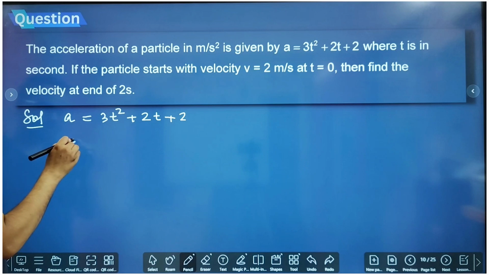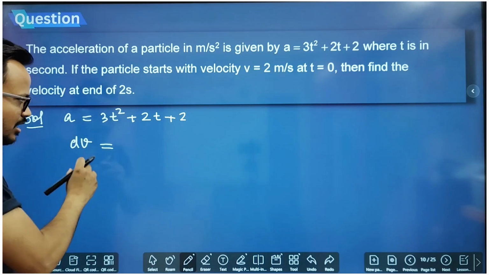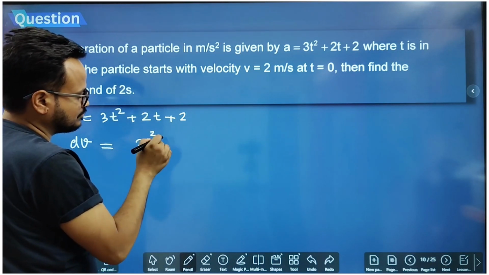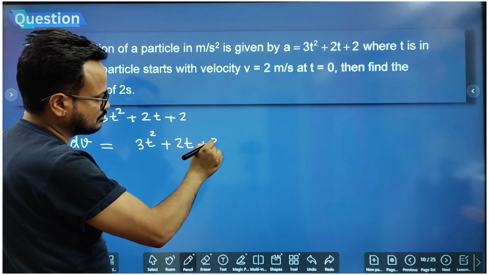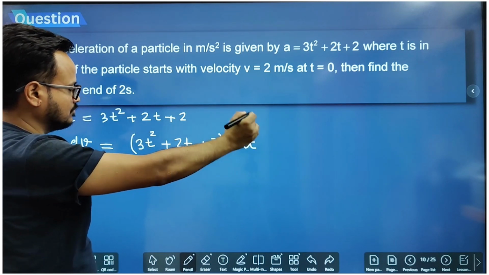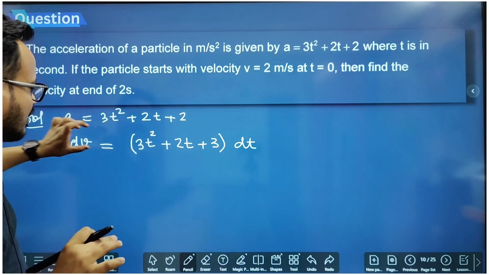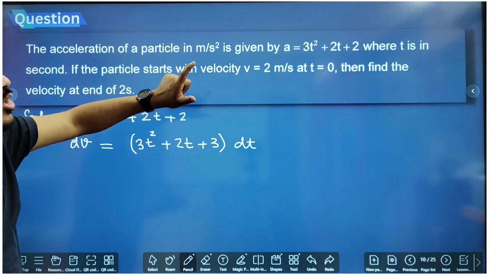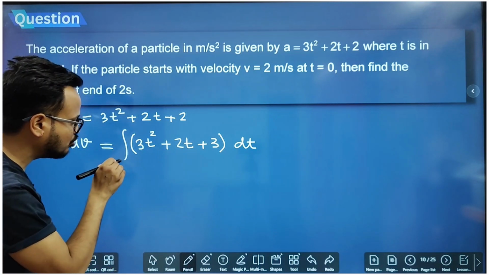Okay. We know that acceleration is dv divided by dt. Now the dt will go to that side. Now we will get this as dv, and we know that at t equal to 0 velocity is 2 meter per second, and we have to find the velocity at the end of 2 seconds.